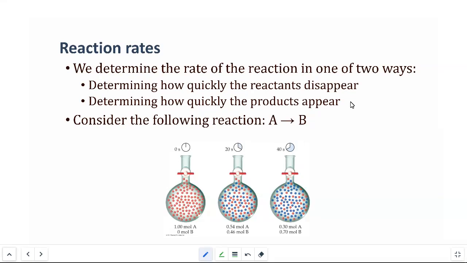And what we are going to find is that the rate of reaction that exists, whatever it is, is going to be related to one of those two factors. And you can actually figure out the other factors using stoichiometry.